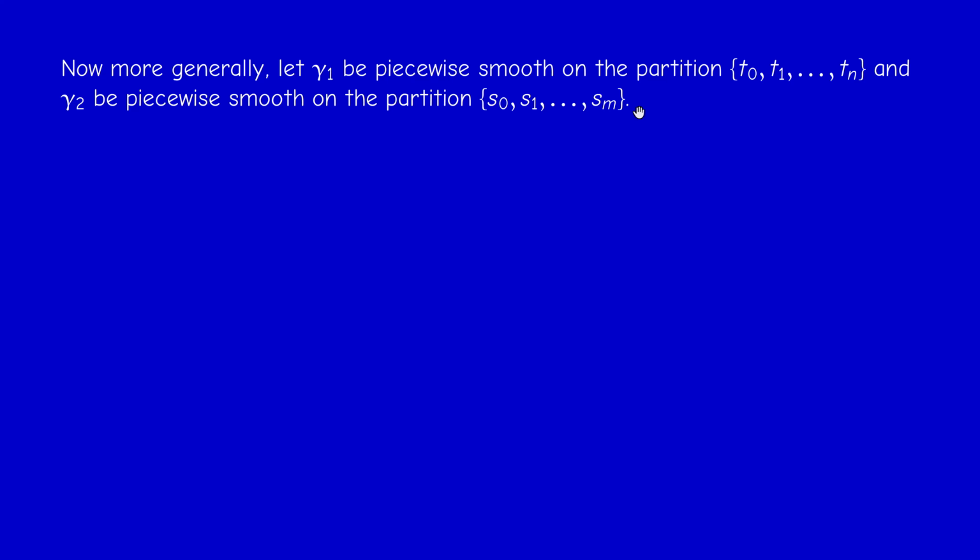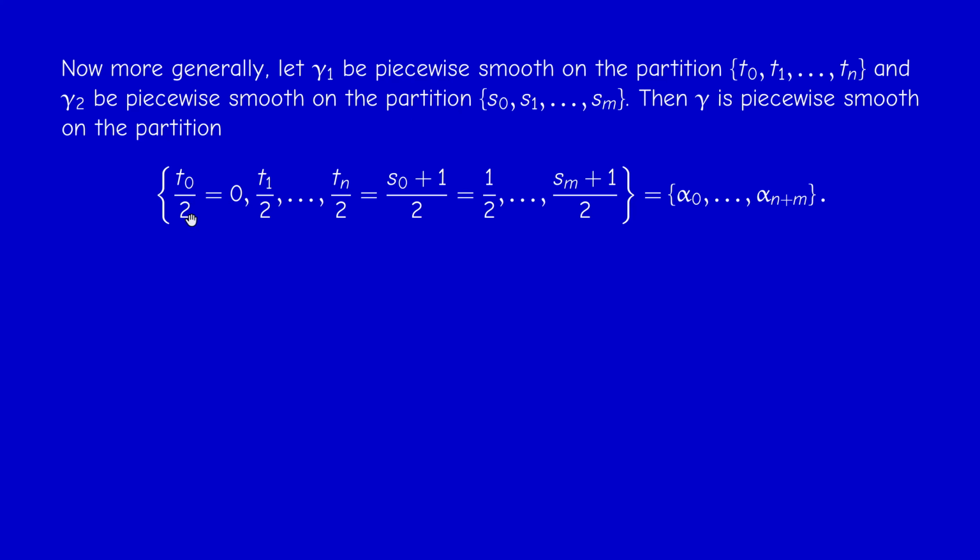So if t0, t1, ..., tn is a partition of [0, 1], when I divide by 2, I get what? t0 over 2, t1 over 2, up to tn over 2 is a partition of [0, 1/2], right? Because I start with 0, then t1 over 2, then tn over 2. Tn equals 1, so it's 1/2. And now, if s0, s1, ..., sm is a partition of [0, 1], then by the change of variables (s plus 1) over 2, I get a partition of [1/2, 1].